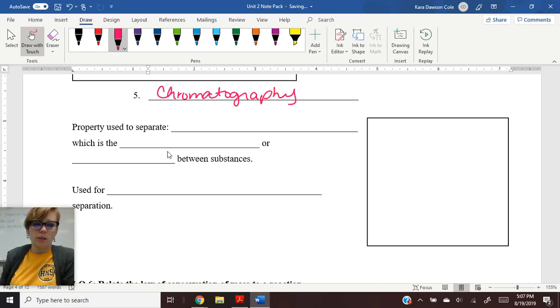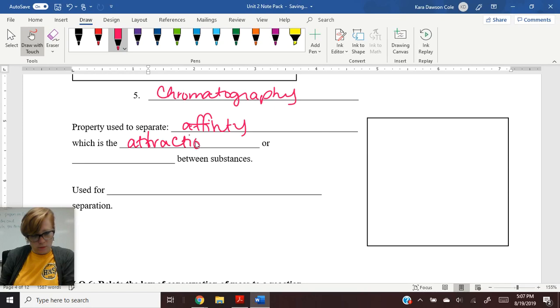So the property used to separate in chromatography is affinity, which is the attraction or forces between substances. This is used mainly for liquid-liquid separation.